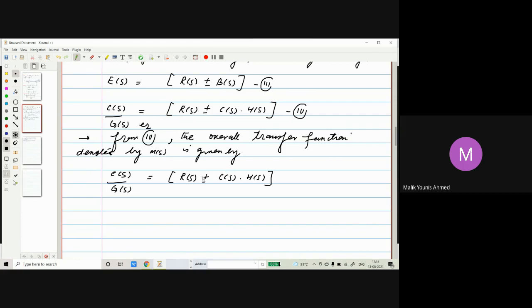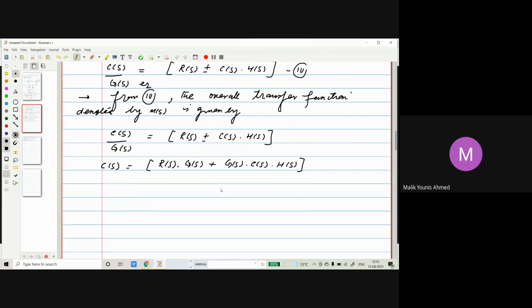So now from here we will multiply the right hand side with G of S. So we'll get R of S multiplied by G of S plus G of S into C of S into H of S.